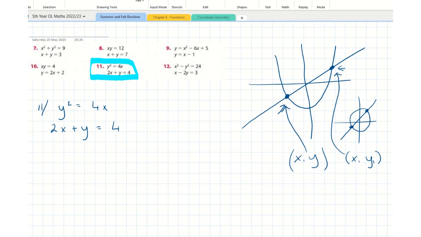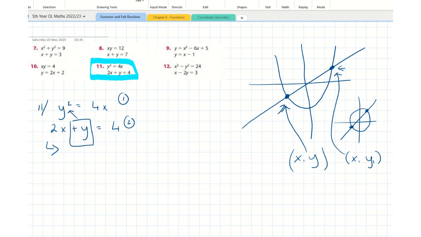In both of these equations, we have two variables, so we want to change that so that we only have one variable. I'm going to rearrange this equation to isolate the y and then put that into the other equation.